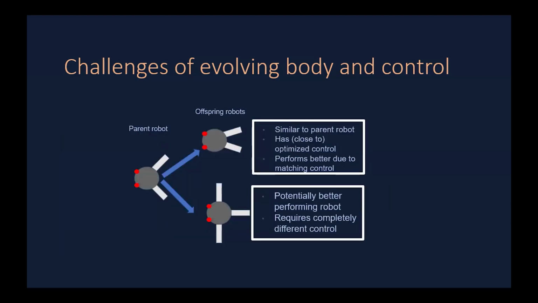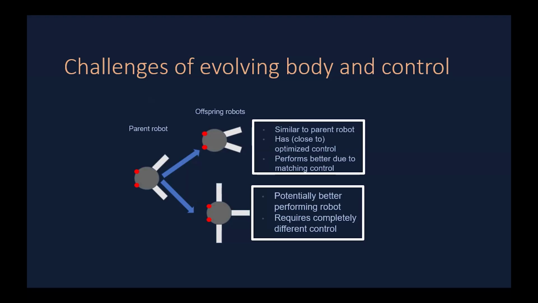So I will give two illustrations to emphasize this. This is the first one. Let's say you have a parent robot that has created two offspring. One of the offspring robots looks very similar to the parent robot and the other is very different. The other might potentially have a better performance because it has more actuators.